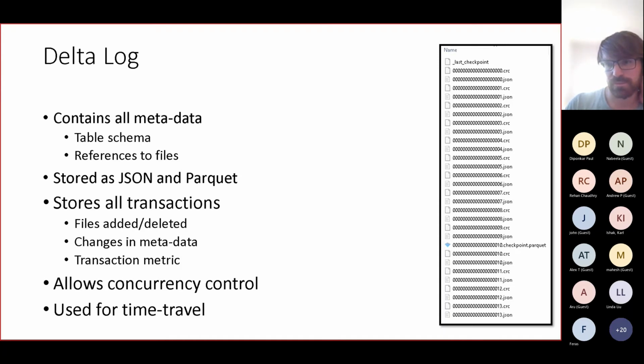The reason to have this checkpoint file is that you don't end up with millions of JSON files, but you have one checkpoint file, and then only up to 10 JSON files that contain the transactions after the last checkpoint. This Delta log is used for concurrency control and also for the time travel feature, as we will see later.